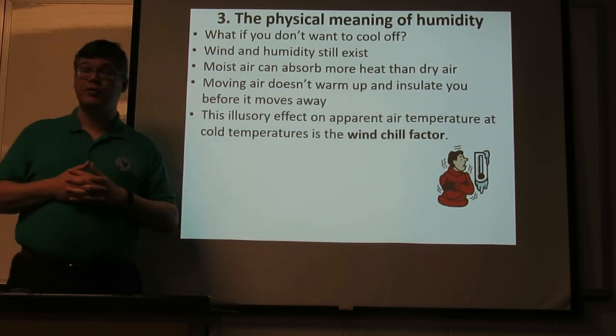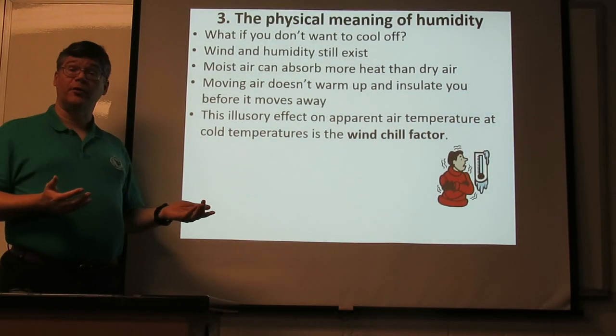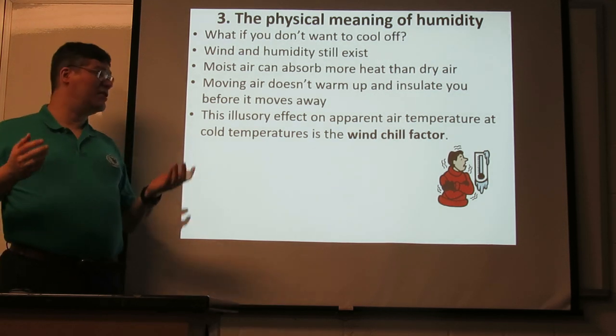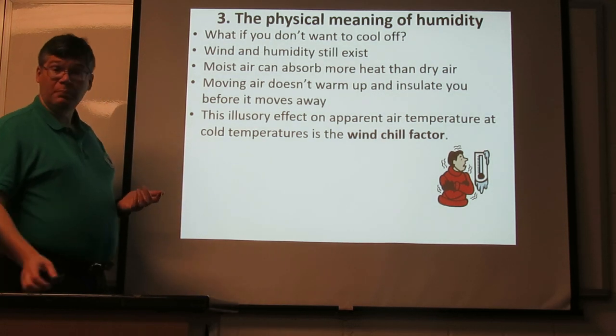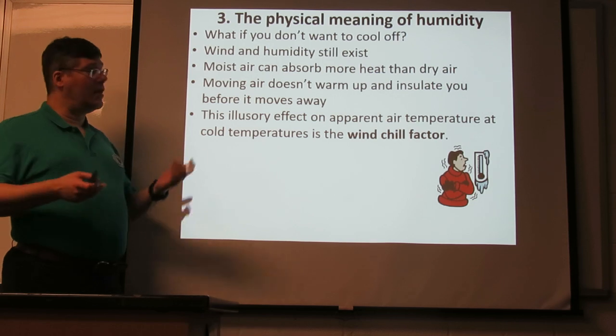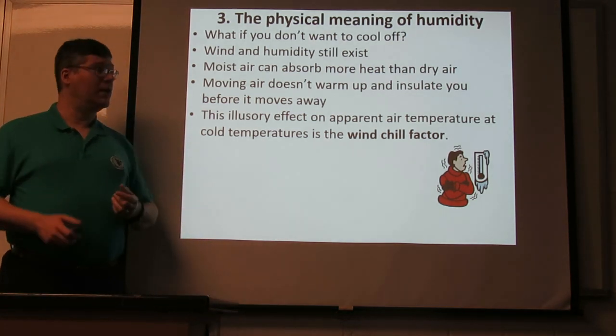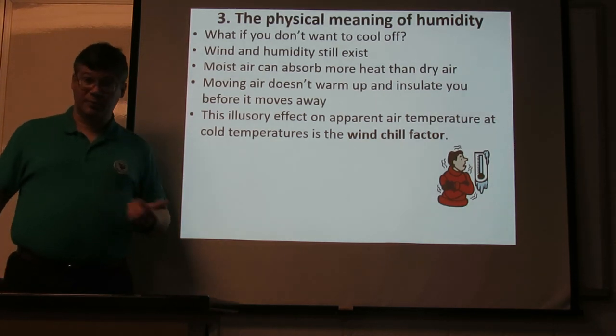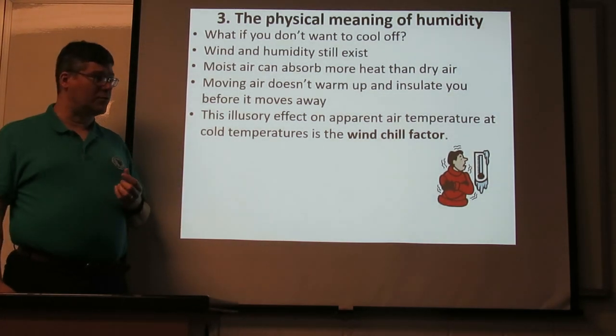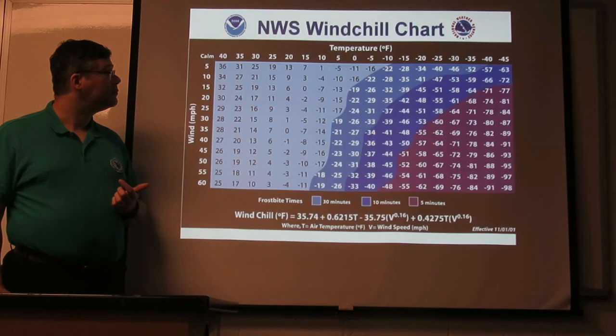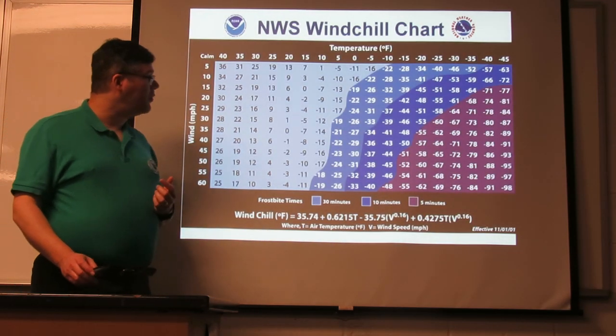And the way that it feels colder is the wind chill factor. The real temperature isn't changed by the wind, but it feels colder. And you cool off quicker, which leads to potential problems with extreme cold, like frostbite. Here's a chart for that.